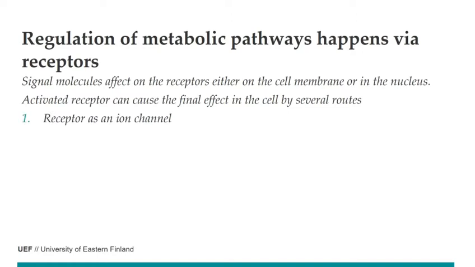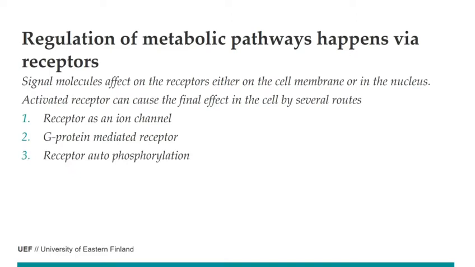We have receptors that are working as an ion channel. In that case, the response is electricity. Then we have G protein mediated receptors, where the response is on G protein, surprise, surprise. And then the receptors can be autophosphorylating, so they are phosphorylating themselves or phosphorylating something else.